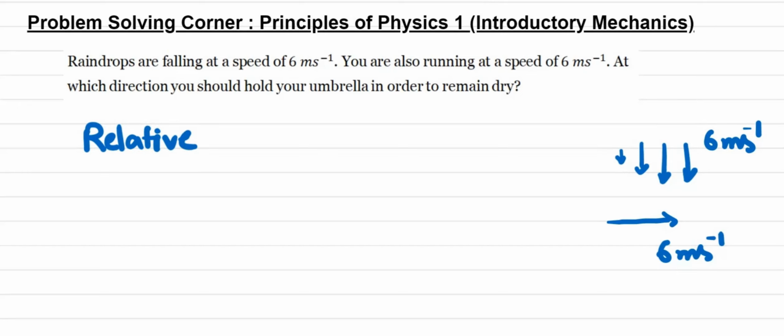Relative velocity. Before I solve this problem, I want to clarify this concept. What is relative velocity? For example, you and your friend are both moving in the same direction. Let's say you are running and competing against each other, and for some reason you get ahead of your friend.